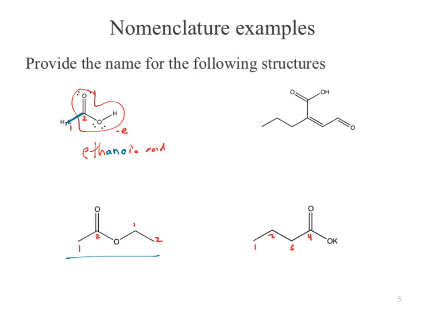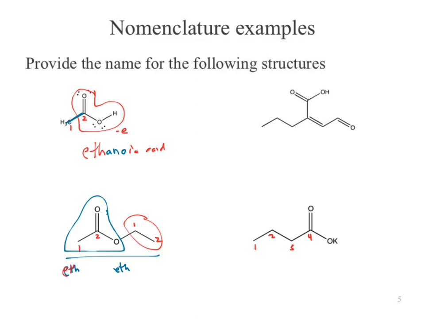The bottom one, I've got two numbering systems here. Both of them are 1, 2. So minimally, we're looking at an eth- and an eth-. But now the question becomes, which eth- is which? When we are naming, this one is our highest priority, because it includes the sp2 carbon, our higher priority. So the other one becomes a substituent.